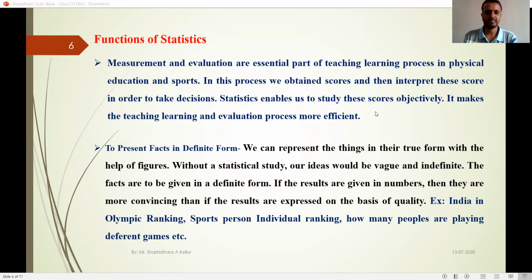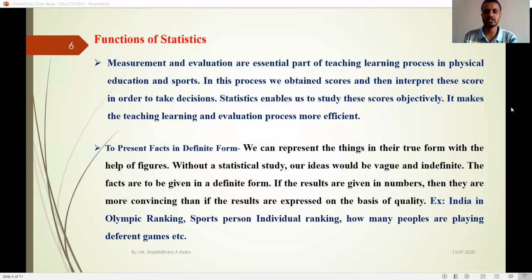The functions. The main function of statistics is to present facts in definite forms. We can present things in their true forms with the help of figures. Without a statistical study, our ideas would be vague and indefinite.